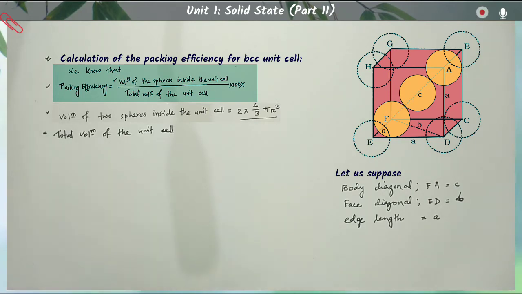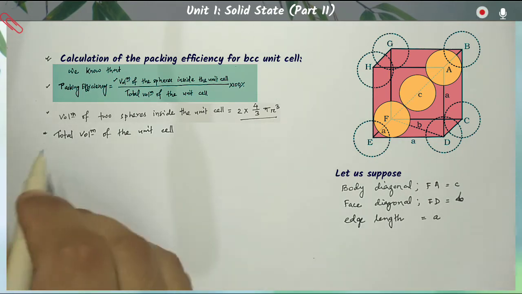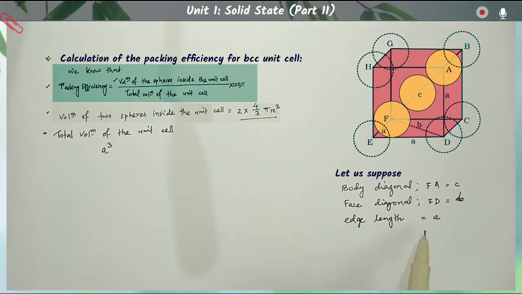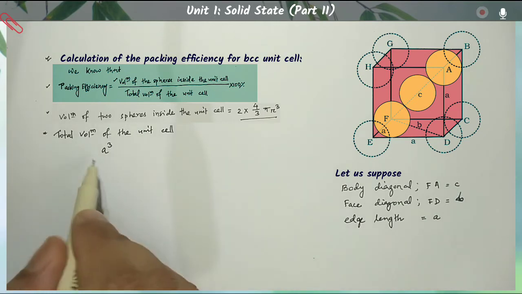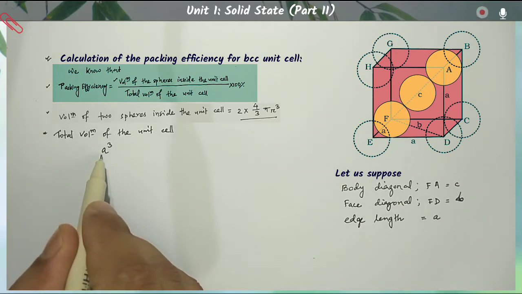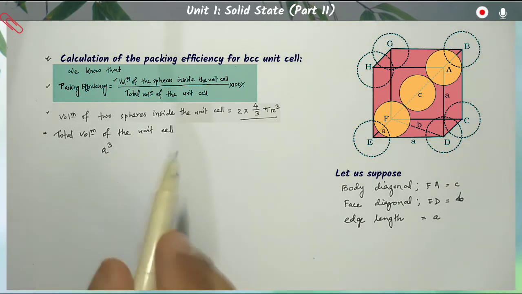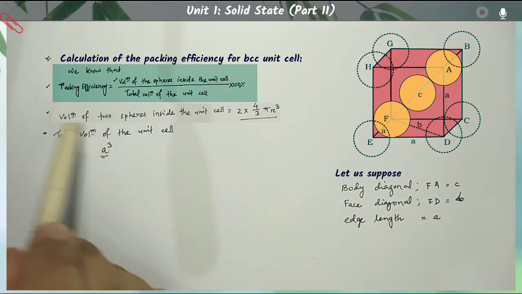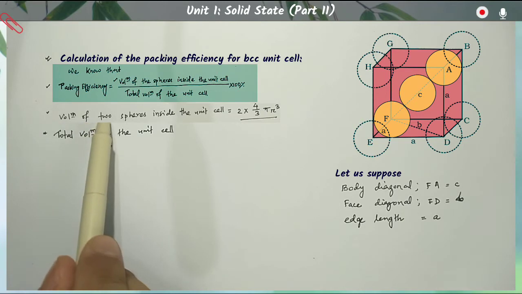So the total volume of the unit cell will be A cube if the edge length is A. Because all the edge lengths are equal, the volume is A cube.